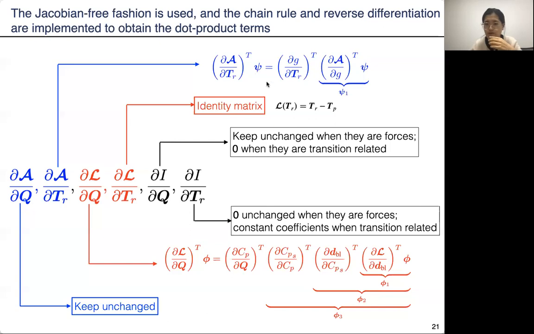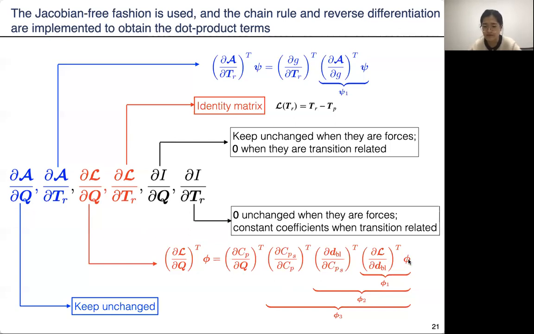We need to combine the hand derivation and the automatic reverse differentiation code here. And for the third term, it is the partial transition residual to the partial RANS state variable. This term is the most complicated one.